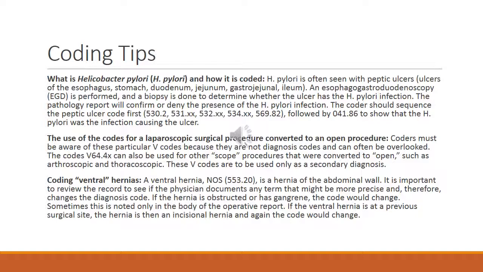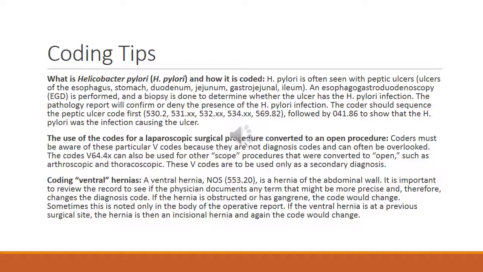The pathology report will confirm or deny the presence of the H. pylori infection. The coder should sequence the peptic ulcer code first, followed by 041.86 to show that the H. pylori was the infection causing the ulcer.